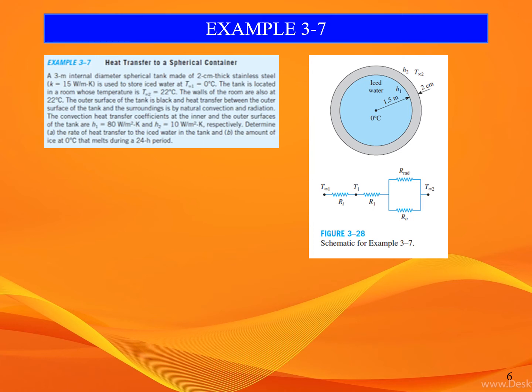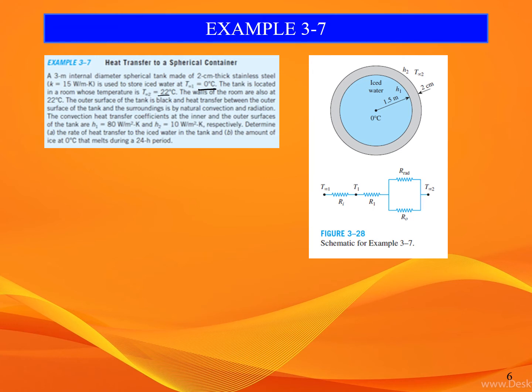A 3 meter internal diameter spherical tank made of 2 cm thick stainless steel is used to store ice water. So inside the spherical tank there is ice water. The T infinity is 10 degrees Celsius. The tank is located in a room whose temperature T infinity is around 22 degrees Celsius.